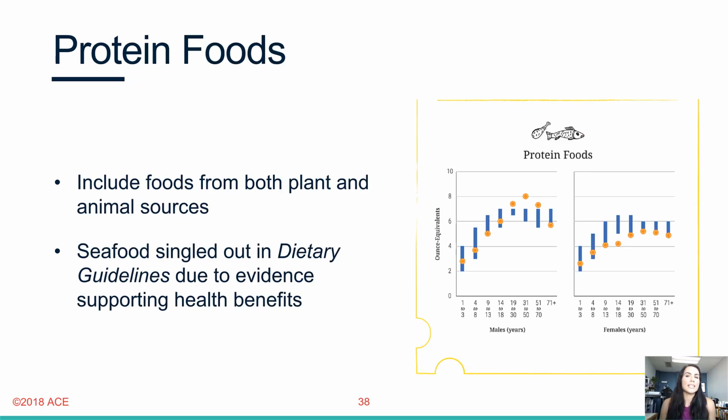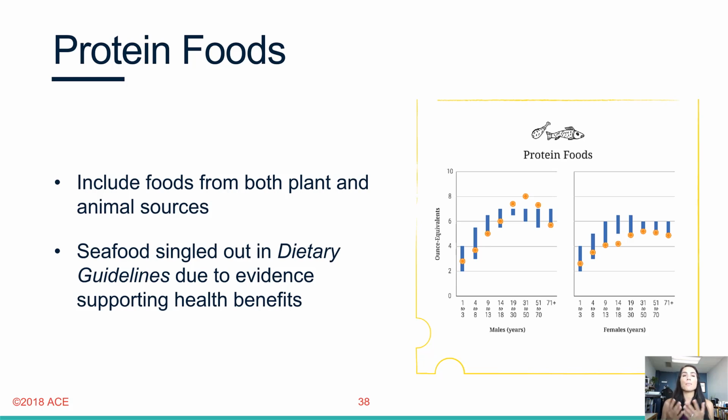Now, looking at protein is an interesting thing because we're in the fitness industry and there's a real push for eating foods high in protein. And so this is on average. We know that protein foods are really helpful for us, and they can come from not just animal sources, but plant sources. And we know we need them for muscle recovery, for building muscle.